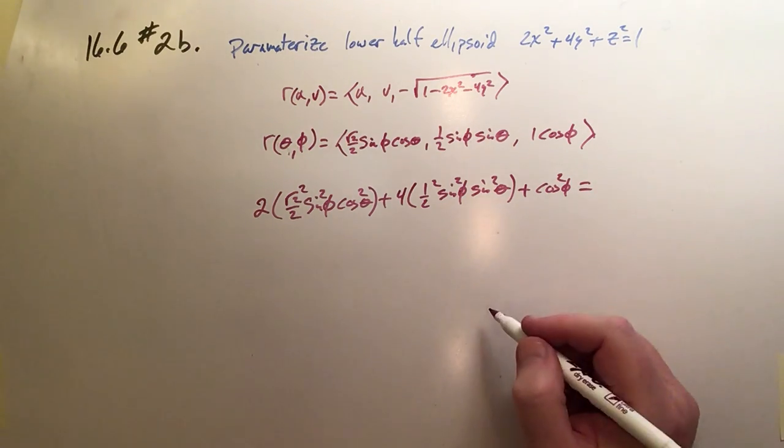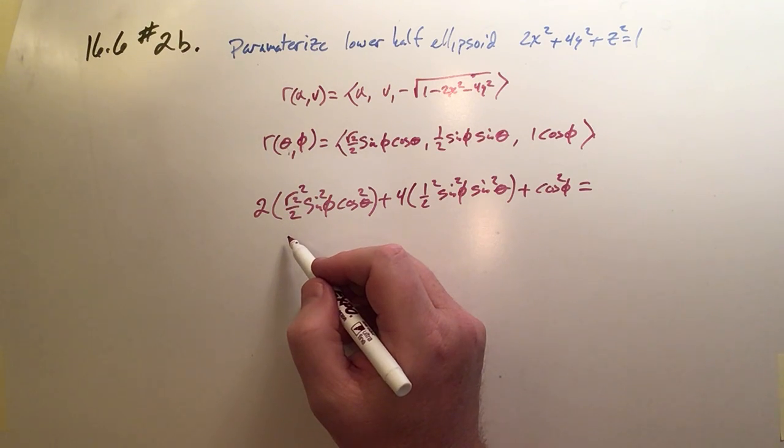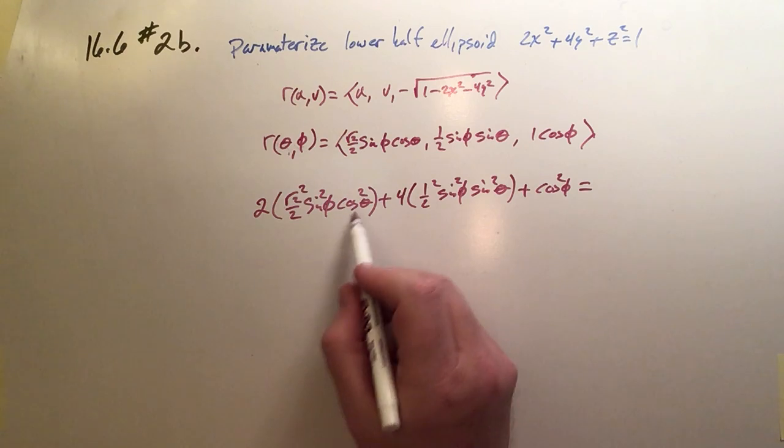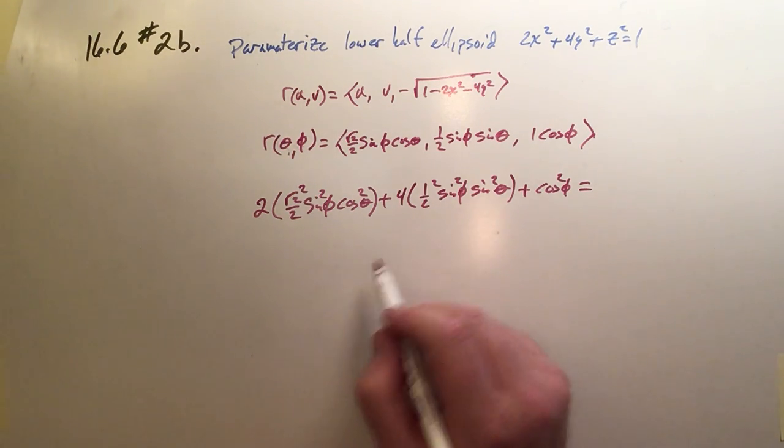And then we want to see what this is equal to. Well, radical 2 over 2 squared is 1/2, times 2, those are going to cancel. So it's sine squared phi cosine squared theta. The 1/2 squared and the 4, those are going to cancel.